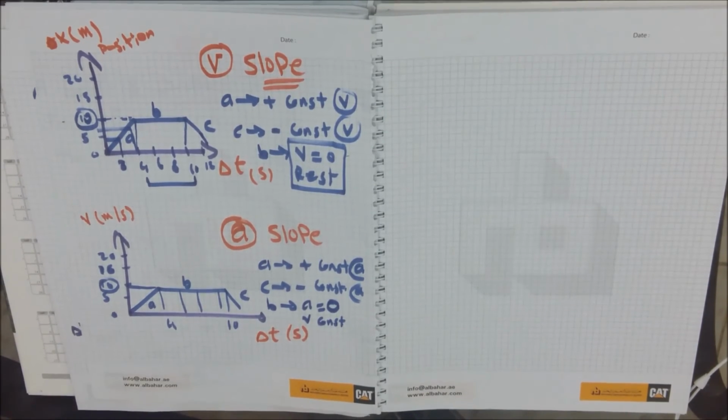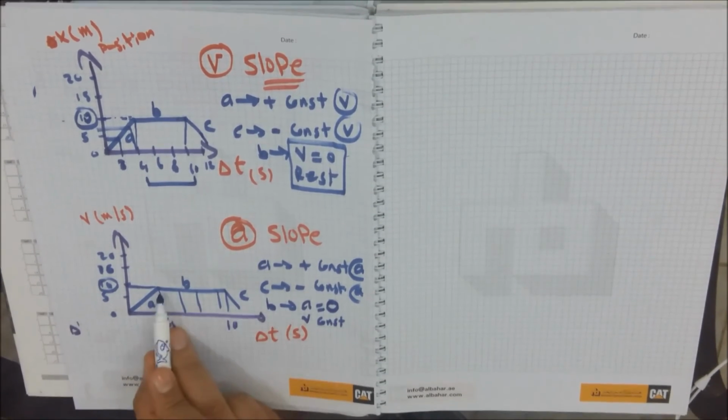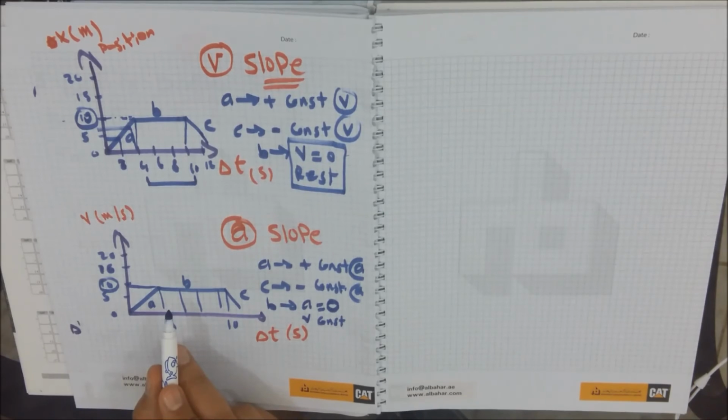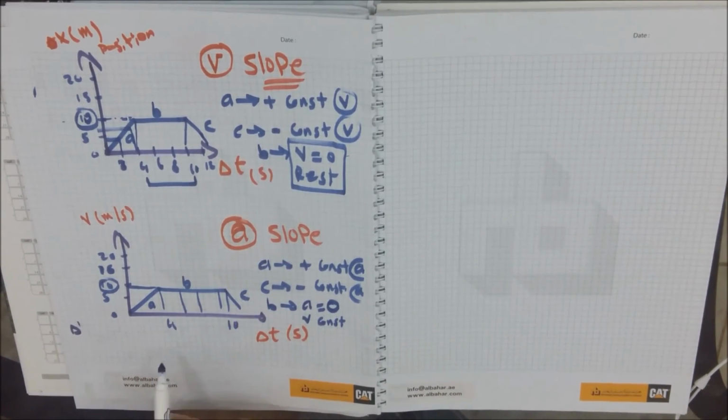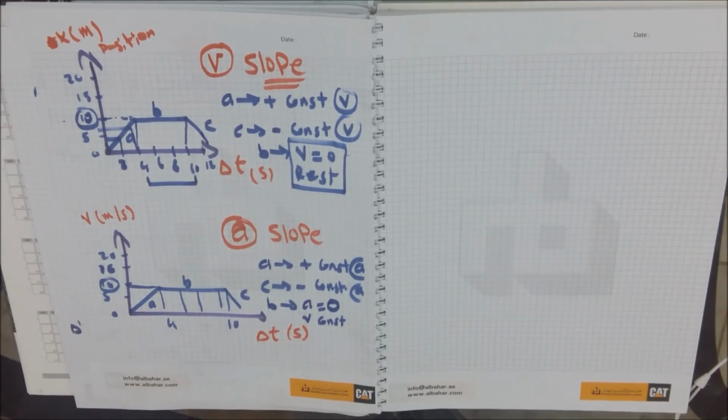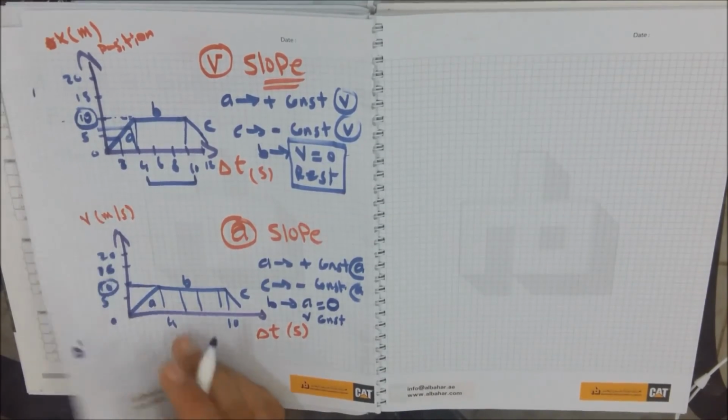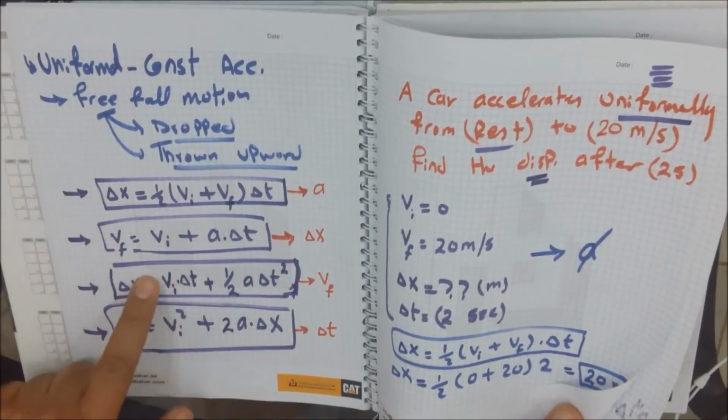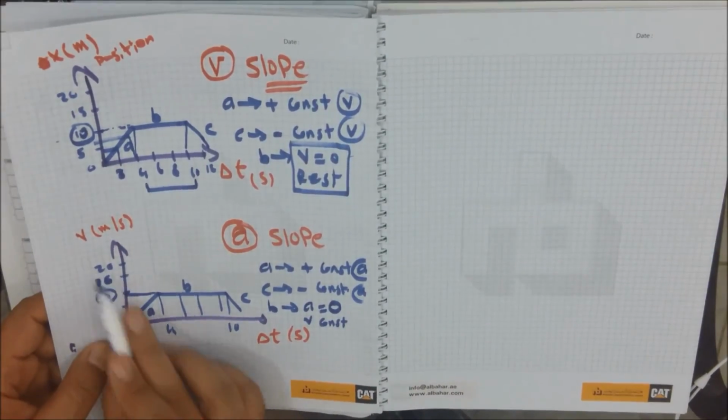If we ask this question in order to be sure that we understood the graphs, where do you think we use the uniform or the four kinematic equations? In A, B, or C? Where shall we use the four kinematic equations? Those ones. In which part of the graph in the velocity time graph?